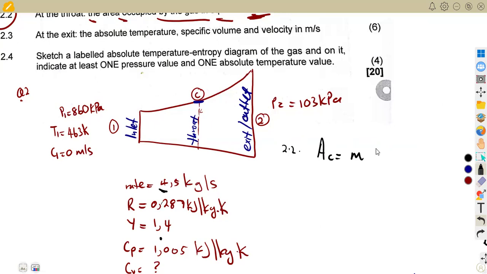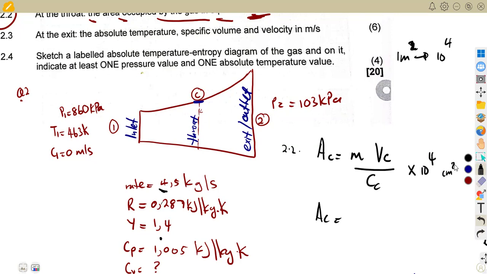I'm going to explain this. So this area is in square meters. Remember, how do you convert from square meters to square centimeters? You multiply by 10 to the exponent of 4 to convert to square centimeters. So you're going to multiply by 10 to the exponent of 4.